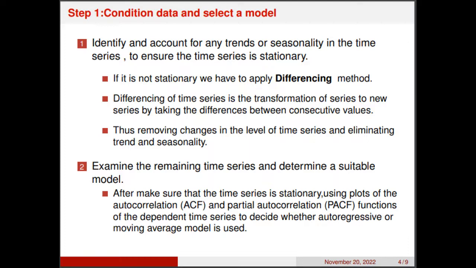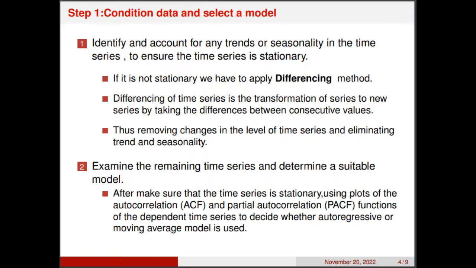Differencing of a time series is the transformation of the series to a new series by taking the differences between consecutive values, thus removing the changes in the level of the time series and eliminating the trend and seasonality. After removing the trend and seasonality, it is a stationary time series. So at the end of sub-step 1, we get a stationary time series.